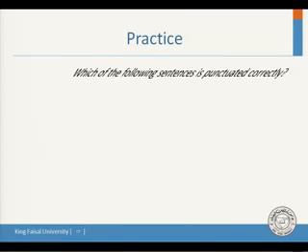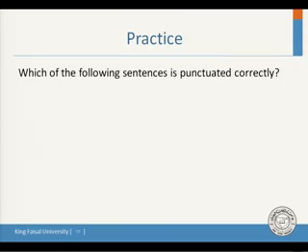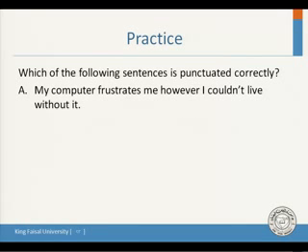Another question, again about punctuation. Which of these sentences is punctuated correctly? Number 1. My computer frustrates me, however. What does however mean? Remember, however means but.